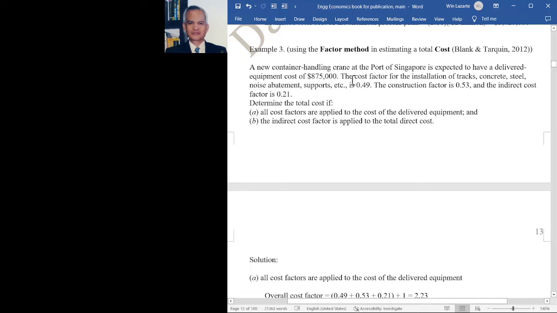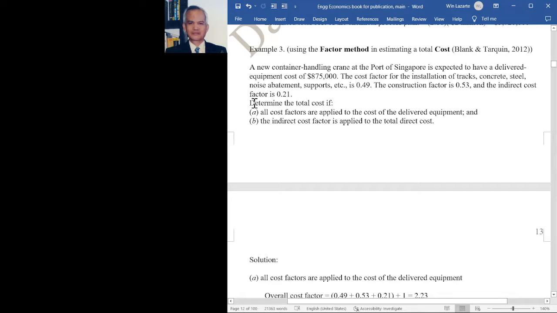The cost factor for the installation of tracks, concrete, steel, noise abatement, supports, etc. is 0.49. The construction factor is 0.53 and the indirect cost factor is 0.21.